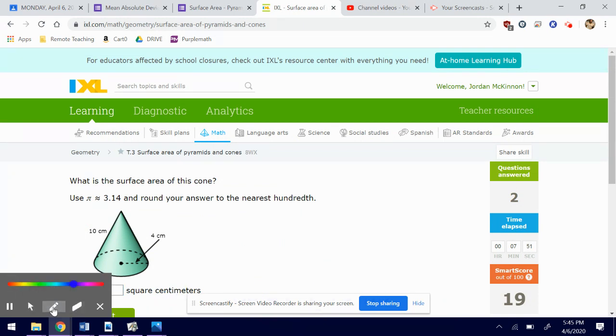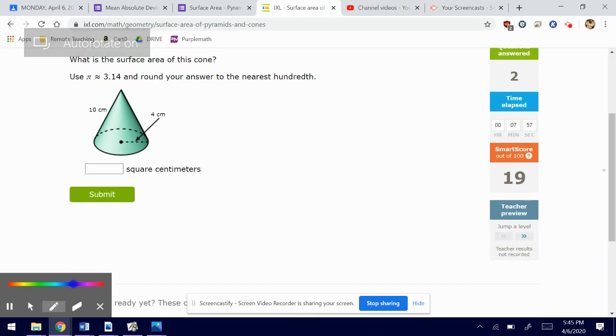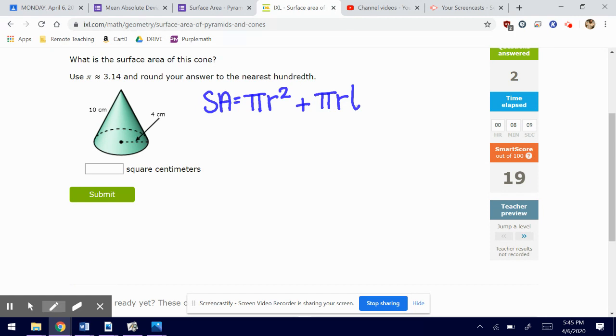Okay, so we have another cone. The 3D shape is a cone, so I'm going to use the same formula that I just used, which is surface area equals pi r squared plus pi r L. I need to figure out my r and my L. R stands for radius.